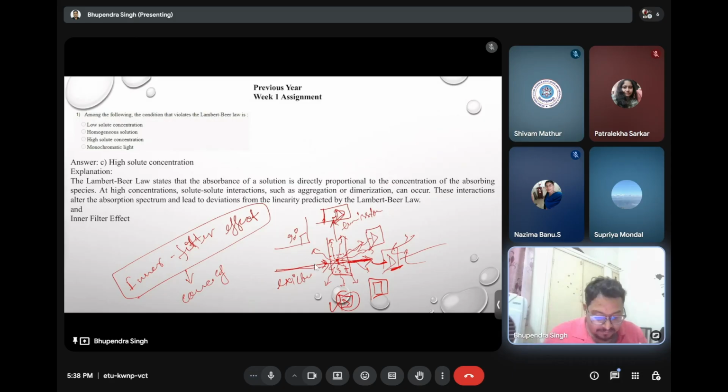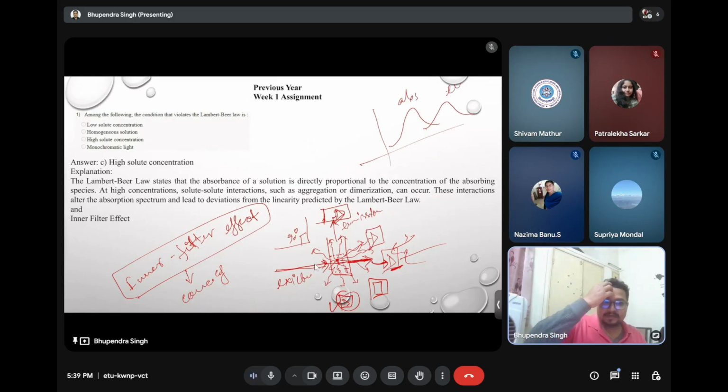So maybe it will be like I have shown you: this is, let's say, absorption, this is emission, this is absorption, this is emission. So after the absorption, if the detector is at this place, maybe you will get a spectrum something like this, because the molecule has absorbed this wavelength, but the transmitted light will be there.